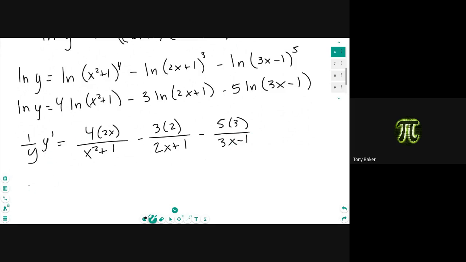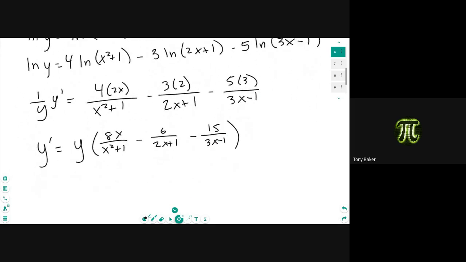And then I can bring the y over. So 8x over x squared plus 1 minus 6 over 2x plus 1 minus 15 over 3x minus 1.